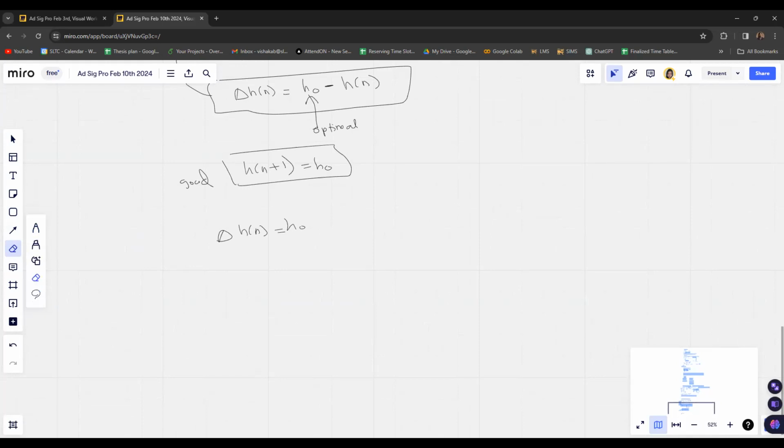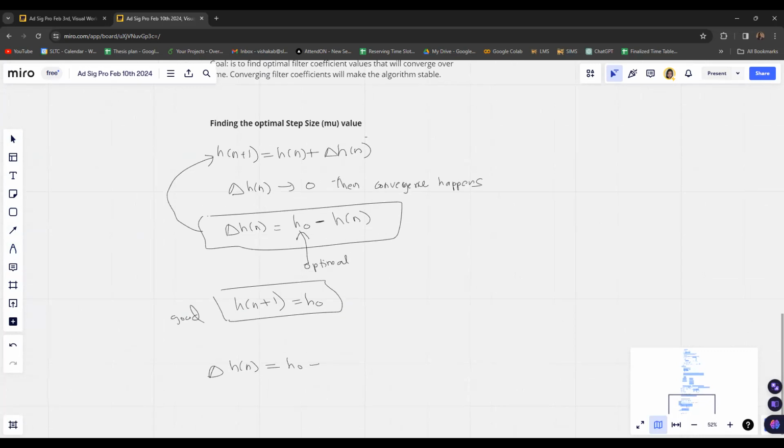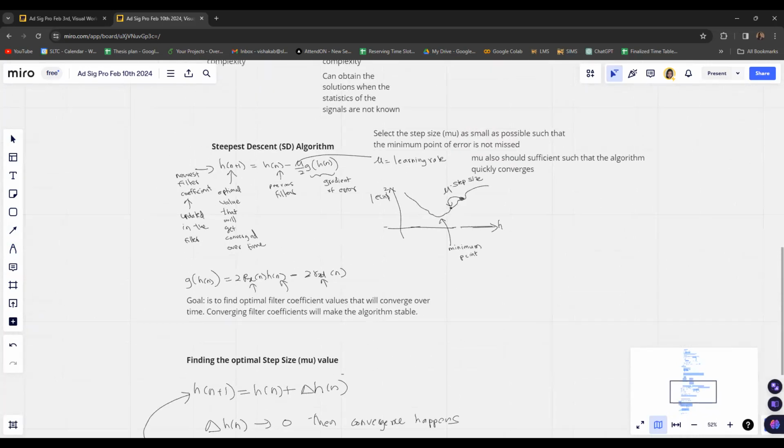H naught minus Hn value we can write by using the equations we have. Using this equation we can write the expression for Hn.